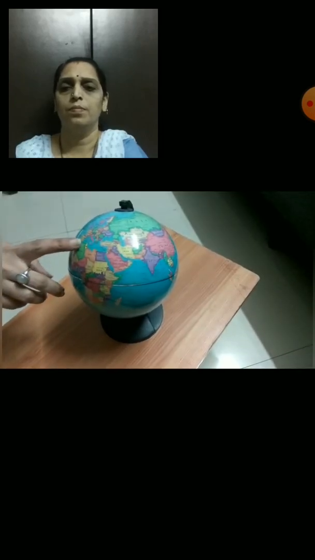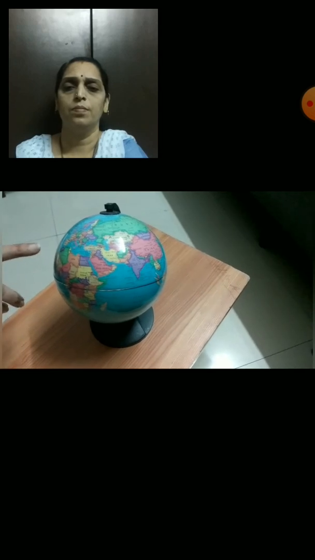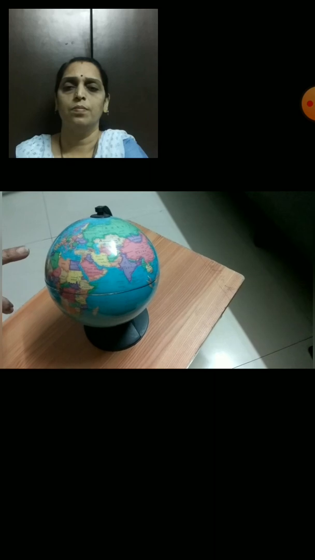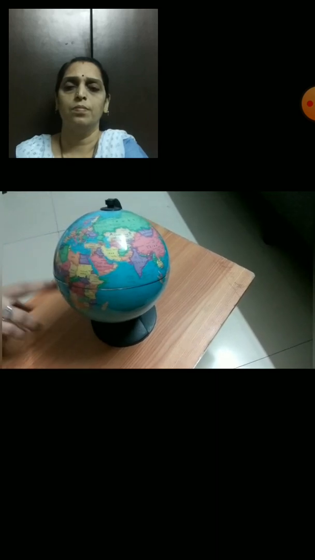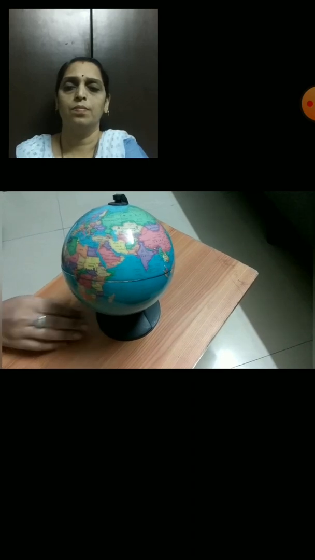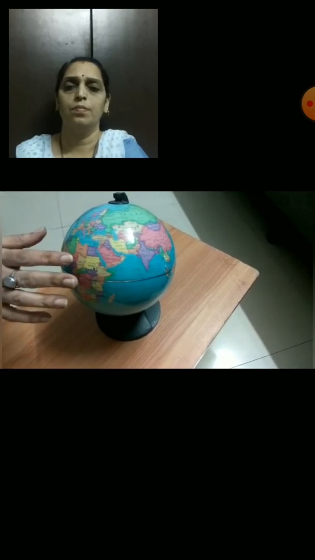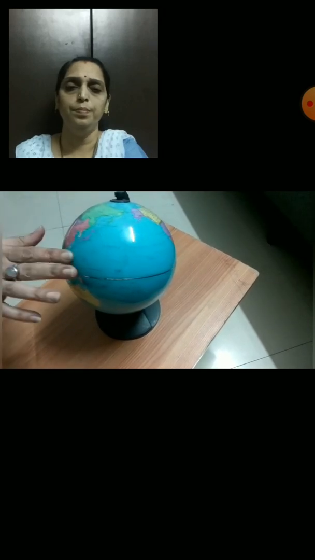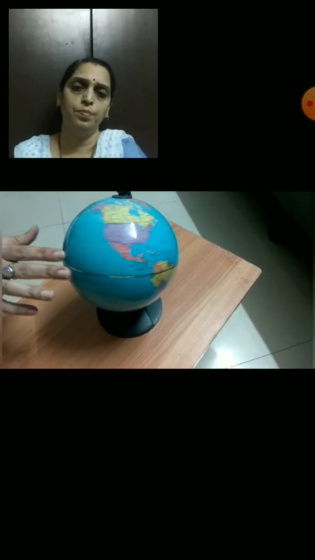Students, this is a globe. It is a miniature model of Earth. It is a representative of the entire Earth. It is spherical in shape. Spherical means round in shape. You can see this is round in shape.